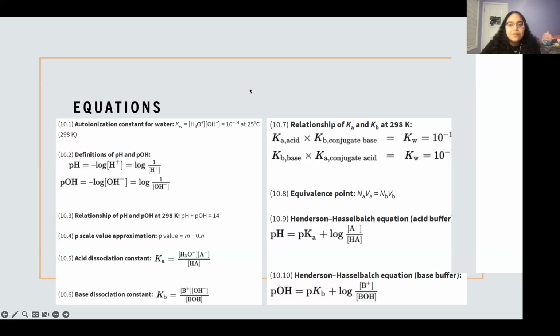For example, if you have a Ka of 1.8 times 10 to the negative 5, and you need the pKa, you don't have a calculator on the MCAT, so the approximation would be that 10 to the negative 5 gives you the m, so you have the 5 there, and you subtract.